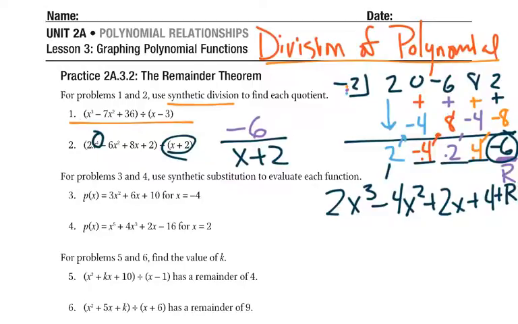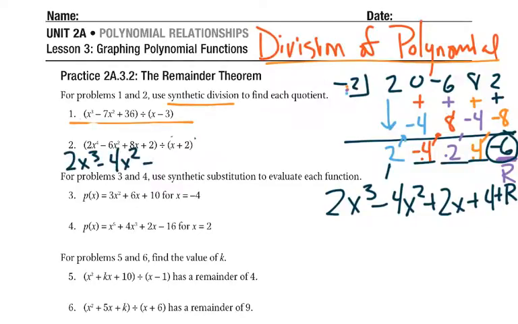So the way I would write my complete answer would be 2x cubed minus 4x squared plus 2x plus 4 plus, or actually minus because it's negative 6, minus 6 over x plus 2, which I can't reduce further, so that's what I end up with.